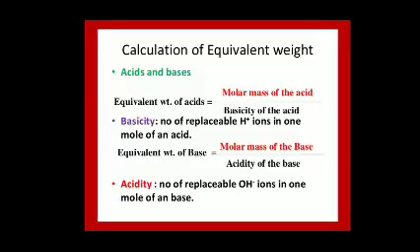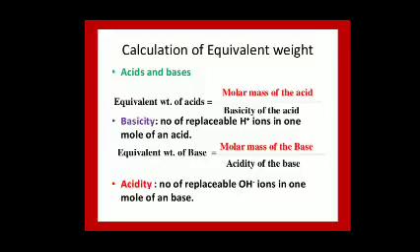Magnesium hydroxide, Mg(OH)2, the OH taken twice. Magnesium hydroxide acidity is equal to 2. Equivalent weight is gram molecular weight of magnesium hydroxide by acidity of magnesium hydroxide.